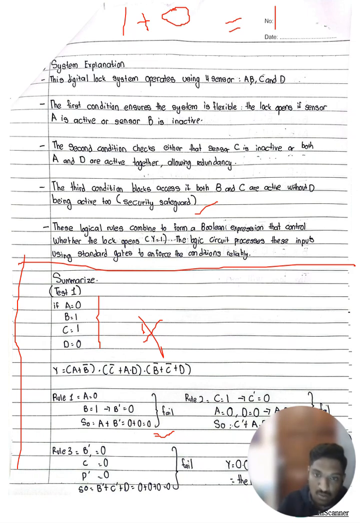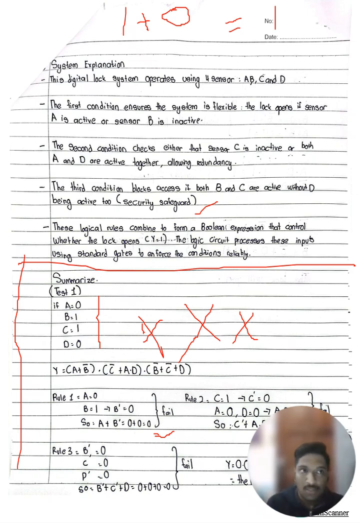So this also gets 0, so operation 2 also fails. Rule 3, B bar equals 0, C bar also equals 0, D equals 0. Obviously, that's also a fail. So do you think the lock will open? Obviously no, because rule 1 failed, rule 2 also failed, rule 3 also failed. So the lock won't open.